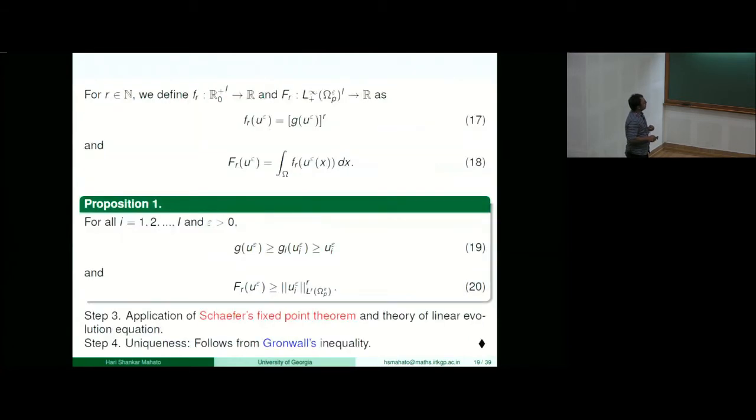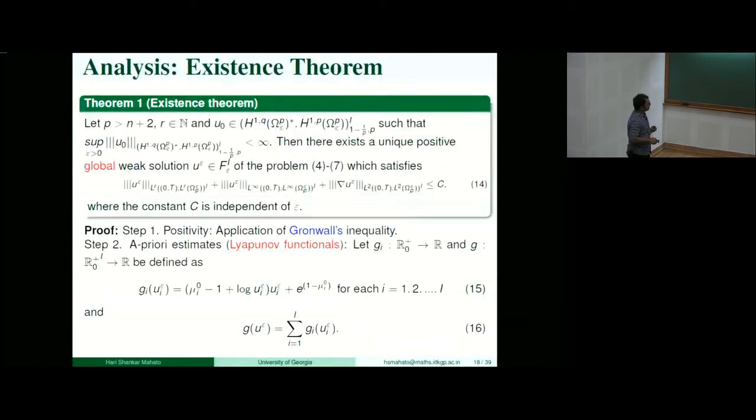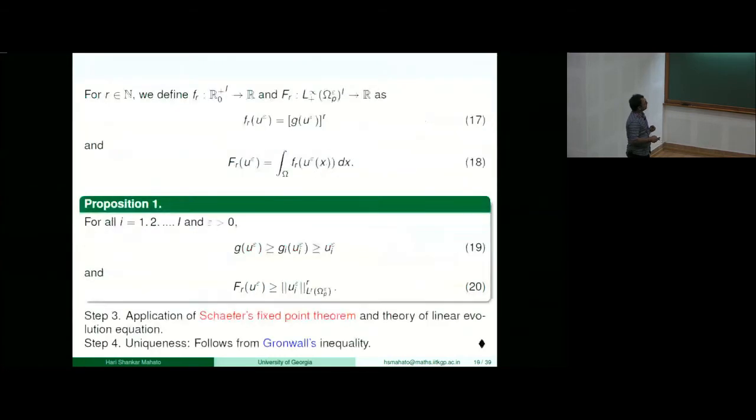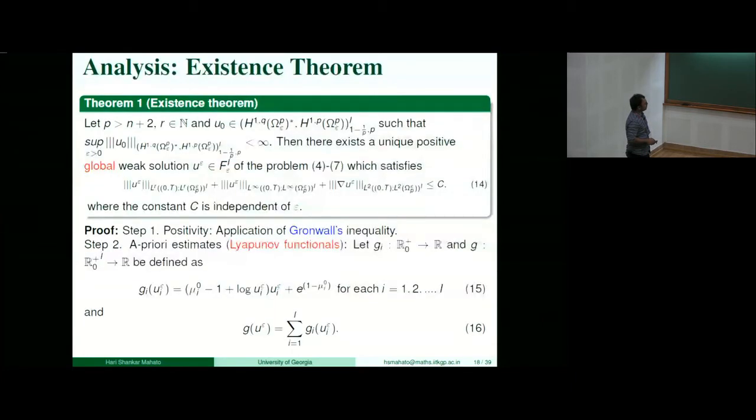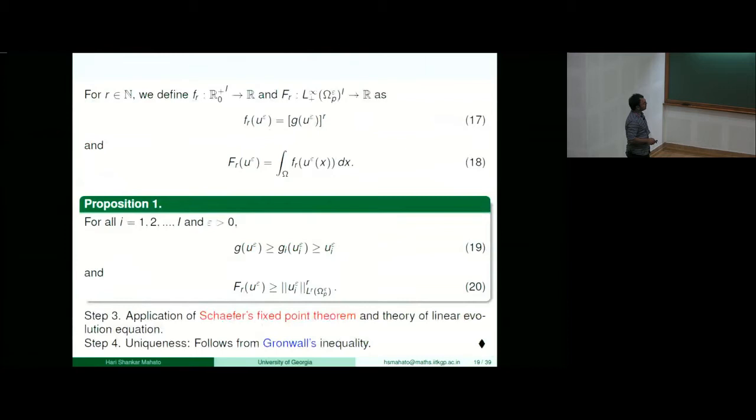And with the help of that g, we defined a function f, which is finally used to define the function capital F. So we defined small g_i's, with the help of which we defined g, and that one we are using to define f, and with the help of f we are defining this capital F. And from this definition, it's very straightforward to obtain this inequality. So the concentration of each species will basically be dominated by this g.